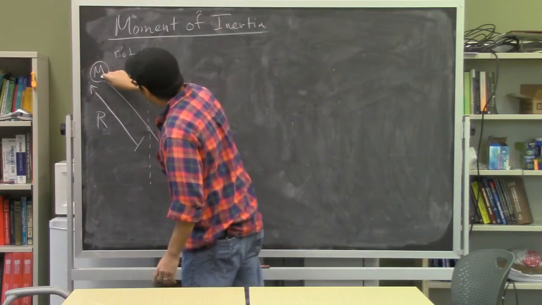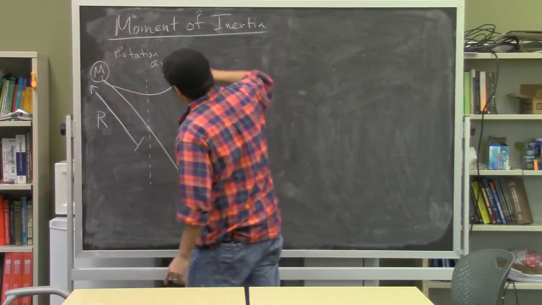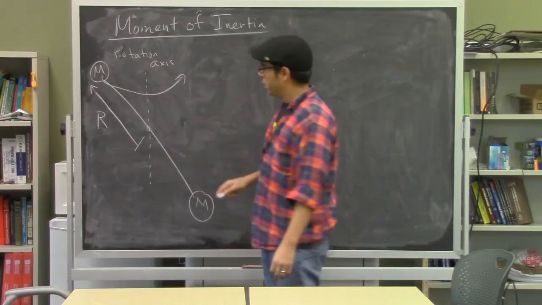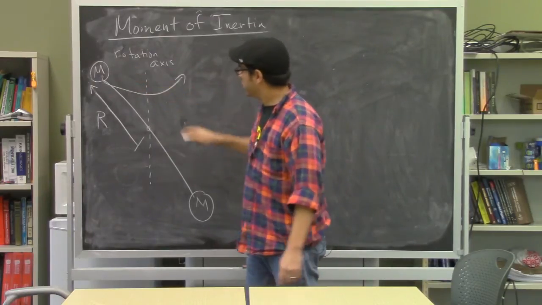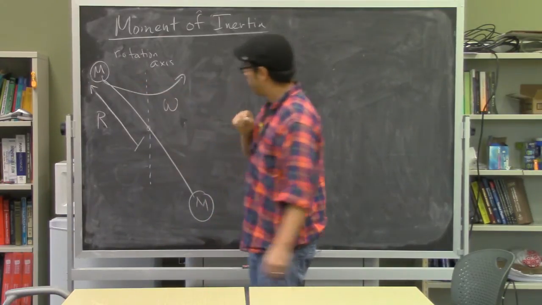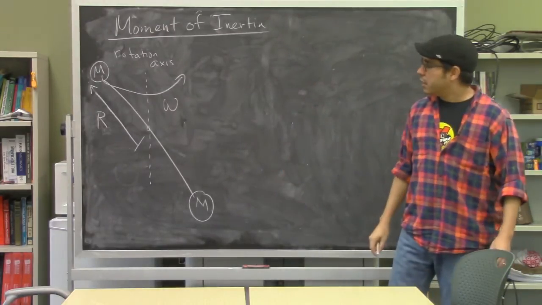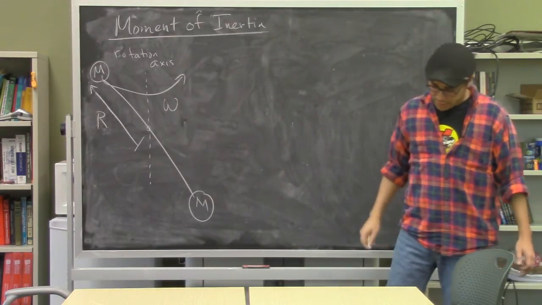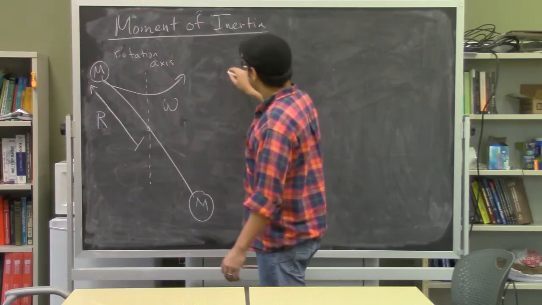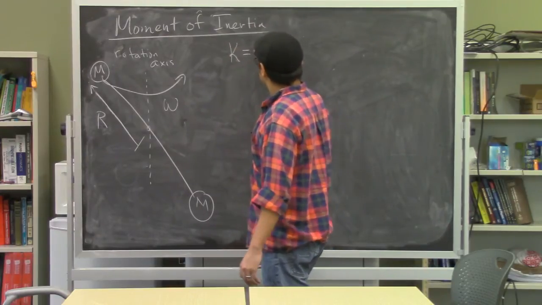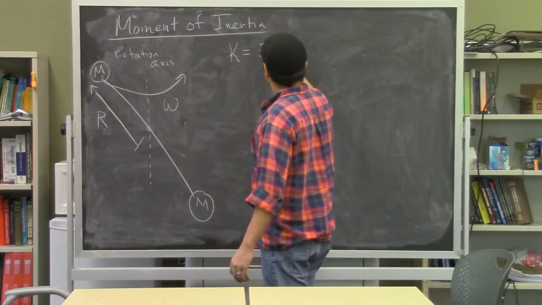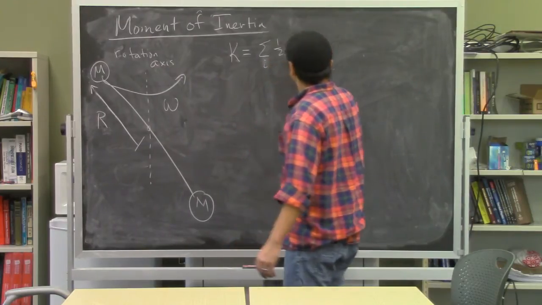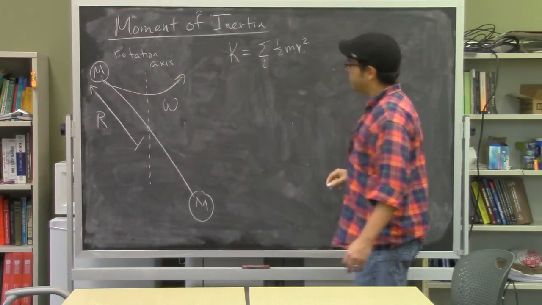And so in fact, each mass traces out a circle, say like this, and it does so with an angular frequency of omega. And we want to be able to calculate the kinetic energy associated with these objects. So we can do this in the usual way, which is adding up the kinetic energy of each object.